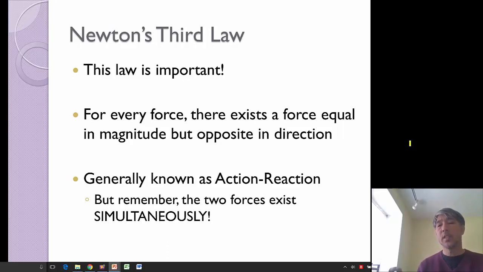Generally this is known as the action-reaction law, or as I like to call it, the equal but opposite law. The action-reaction wording is a little bit confusing because reaction implies it happens one after the other. But the two forces exist simultaneously. The wall doesn't push against me until I start to push against it.